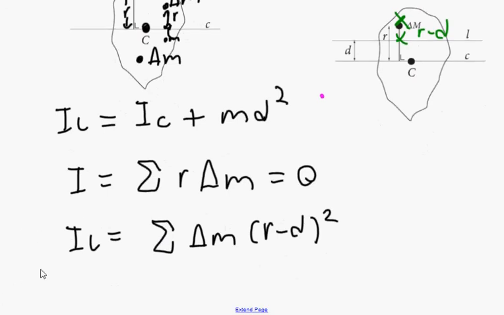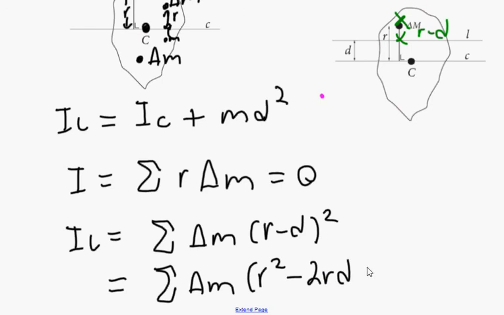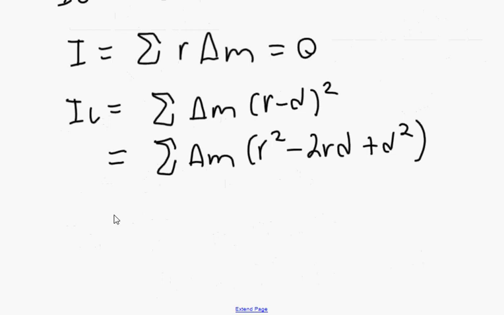Now that that's done, we're going to multiply this out. We square that out, and we get r squared minus 2rd plus d squared, close bracket. Next, we're going to break it up into 3 different sums.